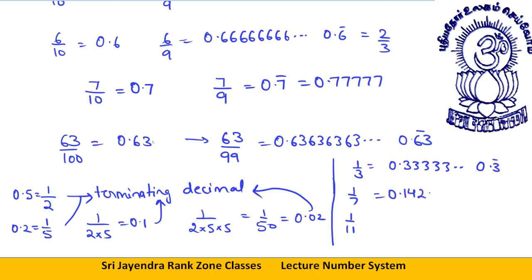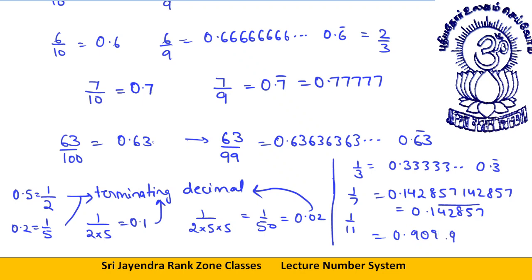1, 4, 2, 8, 5, 7, and this pattern will go on repeating 1, 4, 2, 8, 5, 7. So that will be 0.142857 bar. 1 by 11 is what? 0.9090909, like this. Getting it, dear students?